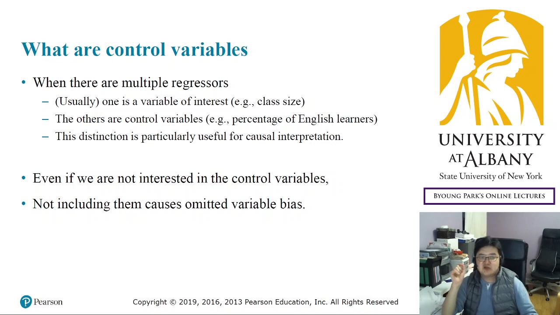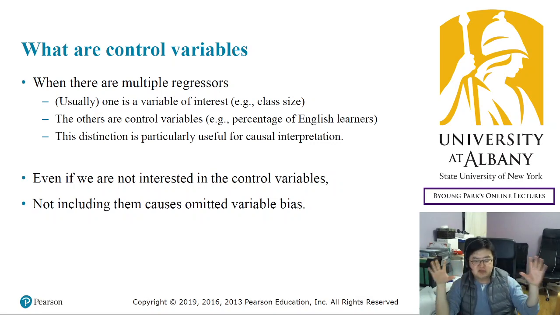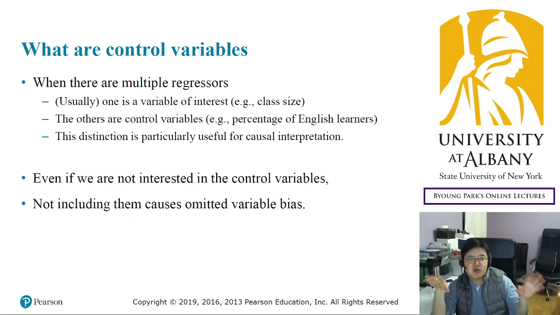So related to that point, I would like to distinguish the multiple regressors into two types. This distinction is important to make the correct interpretation of the estimators and to think about what you can say and what you cannot, or why you still need to include those variables. Simply speaking, in a regression with multiple regressors, there is usually one variable of interest.